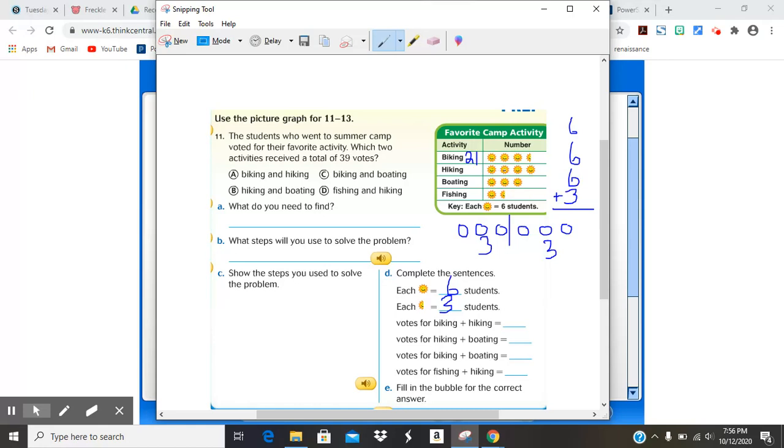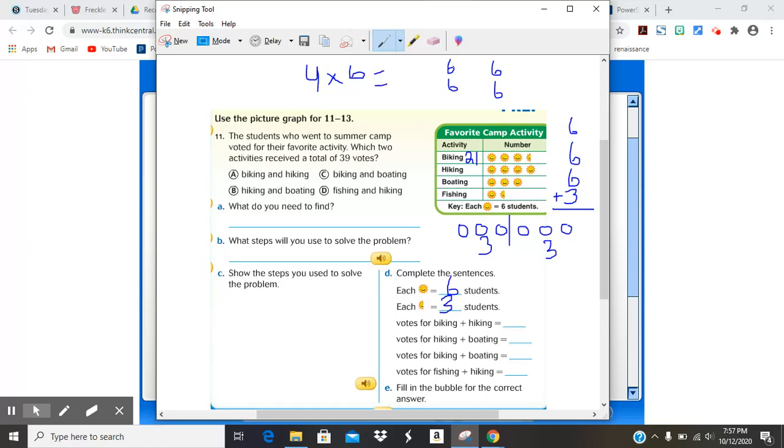I see 1, 2, 3, 4 whole complete ones. So that would be 6. Remember when we did times 4s? That's where multiplication would come in really good. Okay, I have 4 groups of 6.